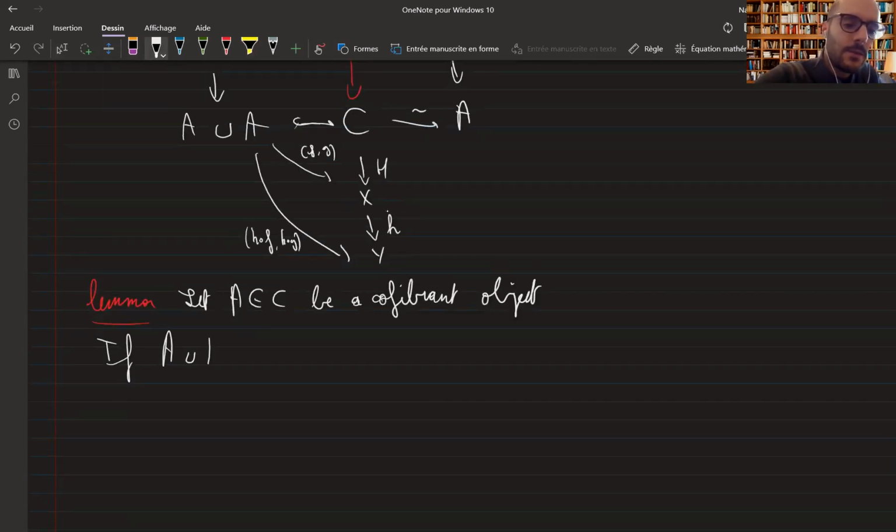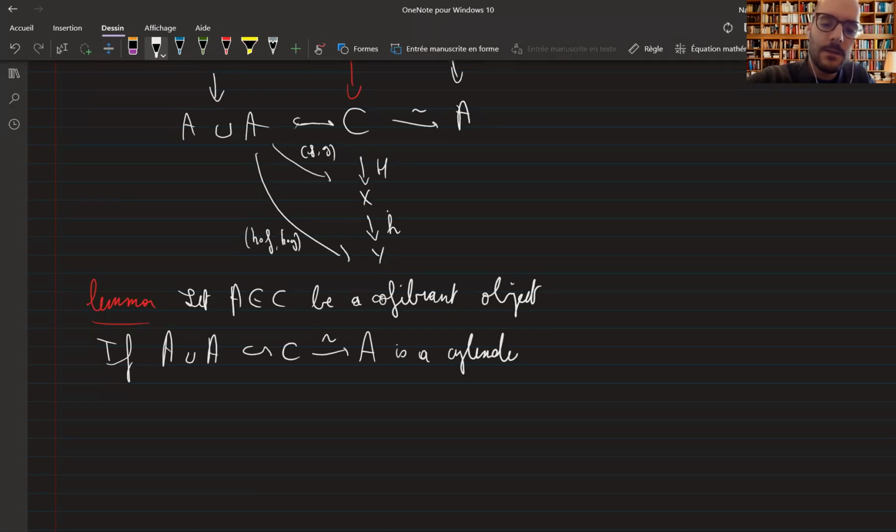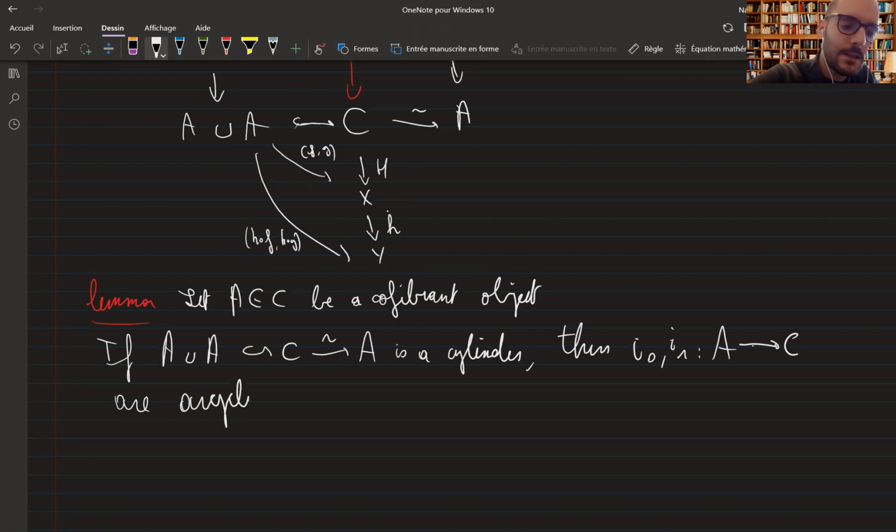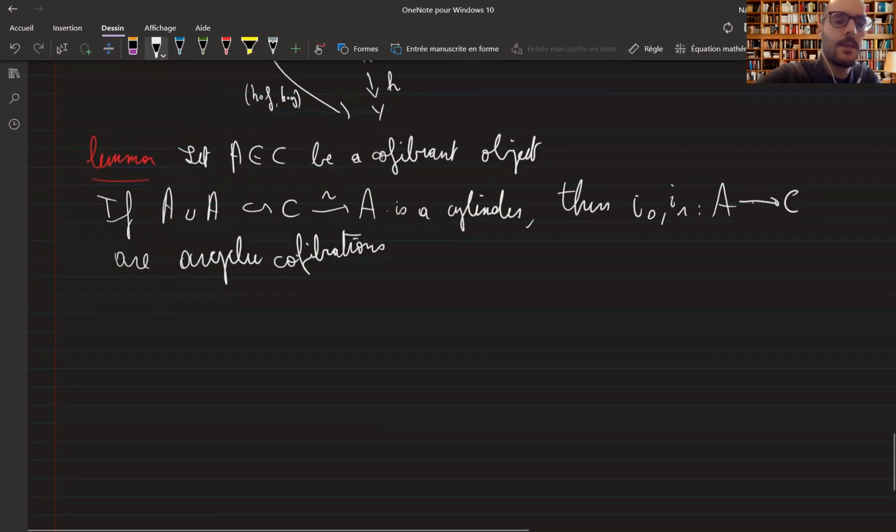If A coproduct A in C and to A is a cylinder, then I0 and I1 that go from A to C, so the two components of this cofibration, are acyclic cofibrations. All right, so this is a little technical lemma.